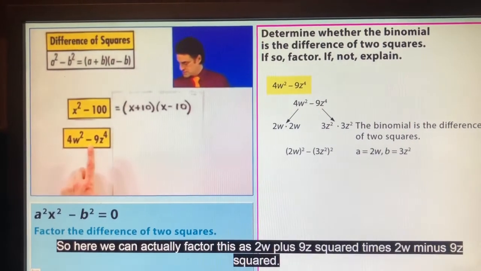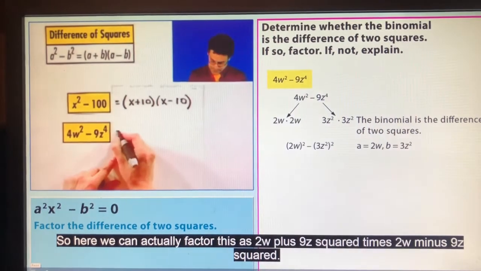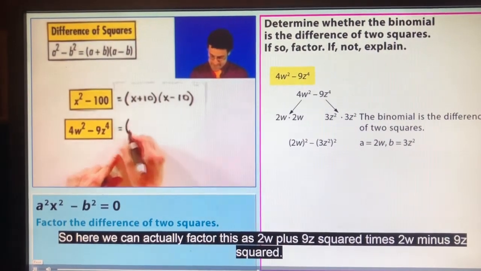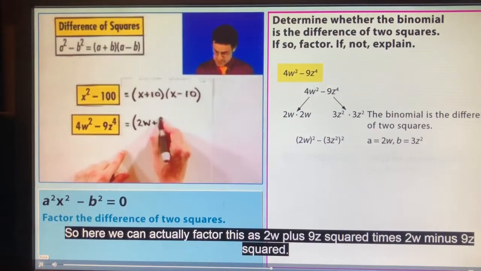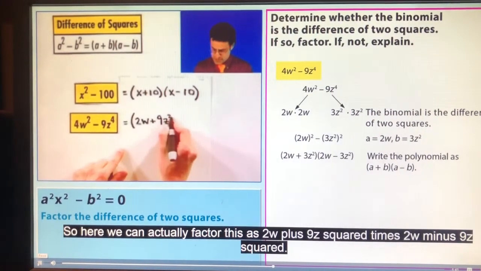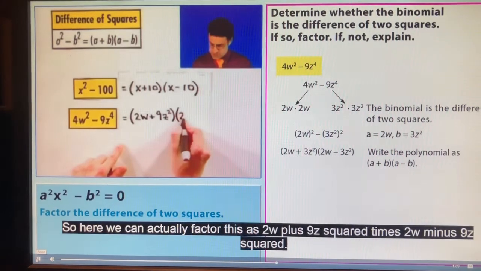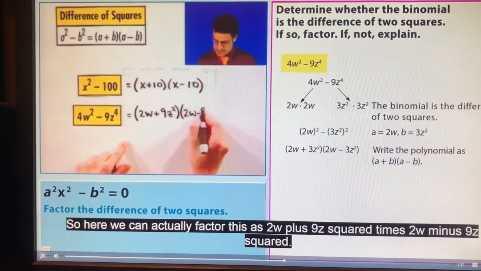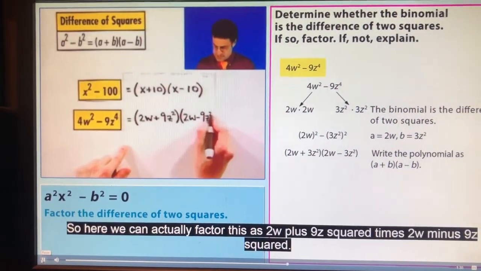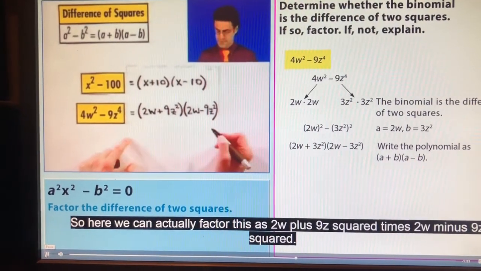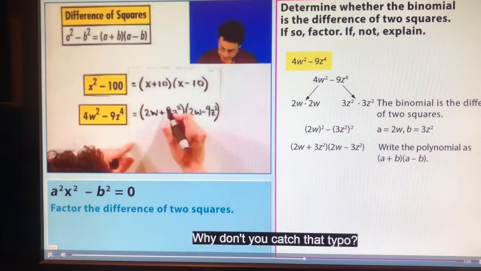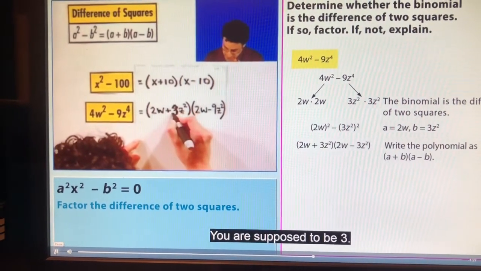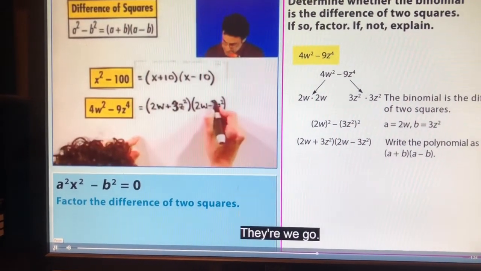So here we can actually factor this as 2w plus 9z squared times 2w minus 9z. Wait, that's wrong. It's supposed to be 3, not 9. Yep, I made a mistake, guys. Sorry. It's supposed to be 3. There we go. 3 goes in there.